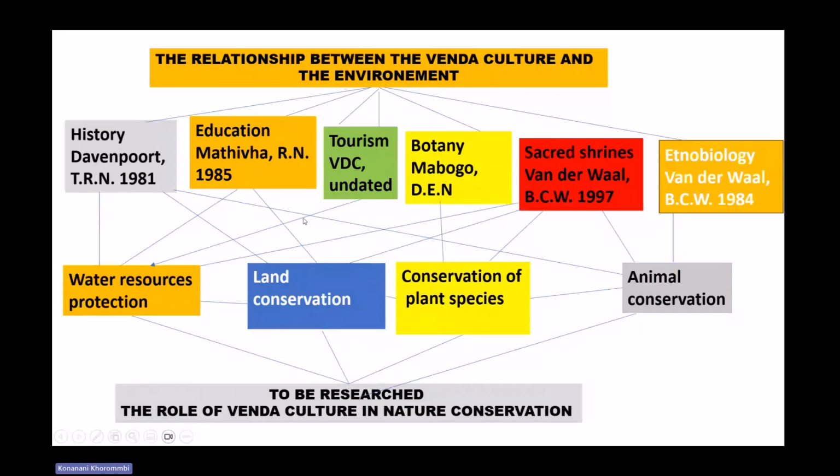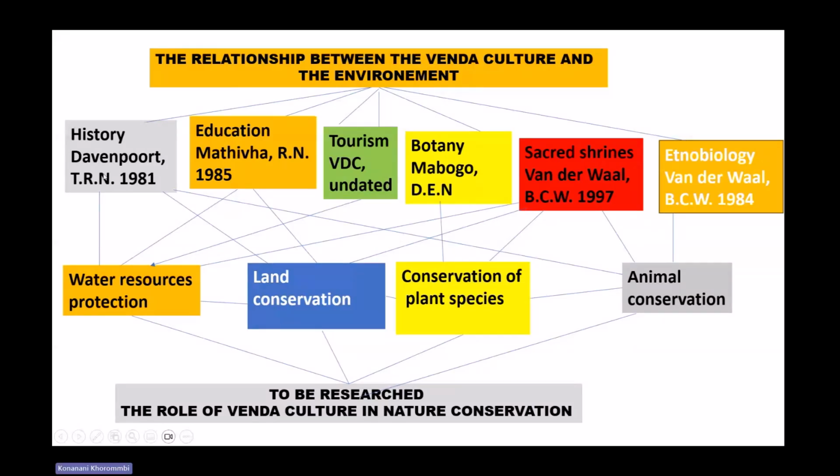But I want to tell you that this guy was not writing about the Bavenda and the conservation of natural resources. He was talking about history. Then he noted that historically, in the past, the Bavenda had a good relationship, a positive one, with the natural environment, such as water, such as land, and the animals.